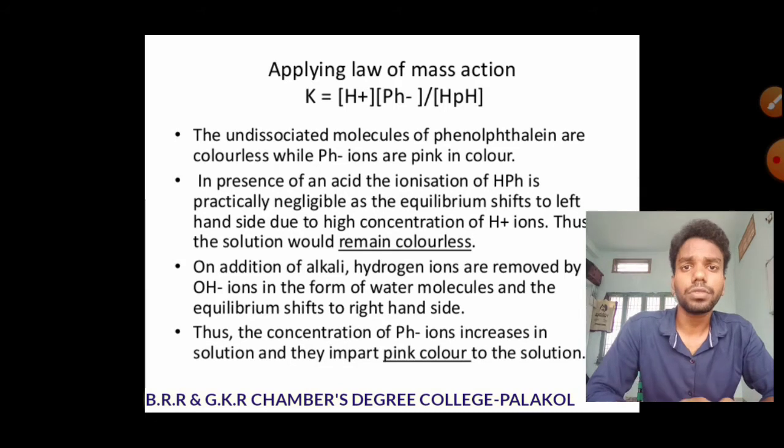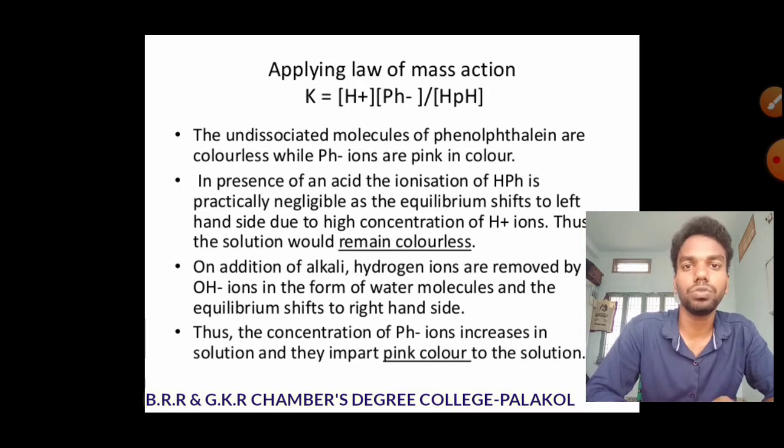There is no common ion here, because the indicator has H+ and Ph- and the alkali solution has Na+ and OH-. So there is no common ion effect. The reaction goes towards the right side: H+ from phenolphthalein and OH- ions from NaOH undergo neutralization, forming H2O.